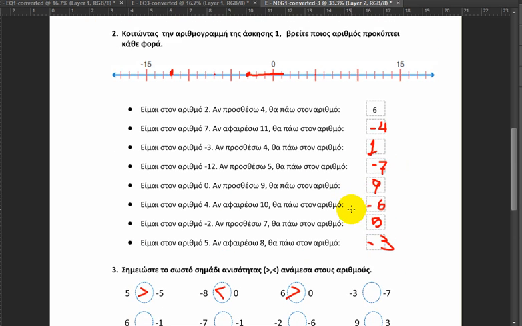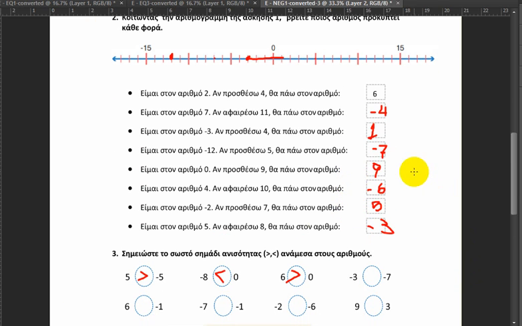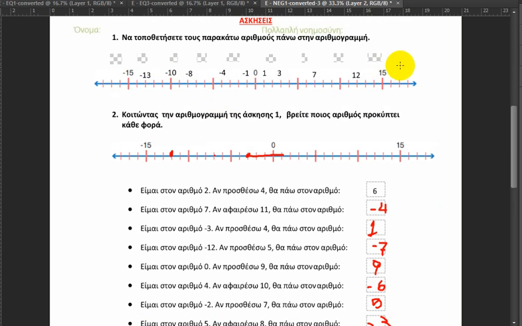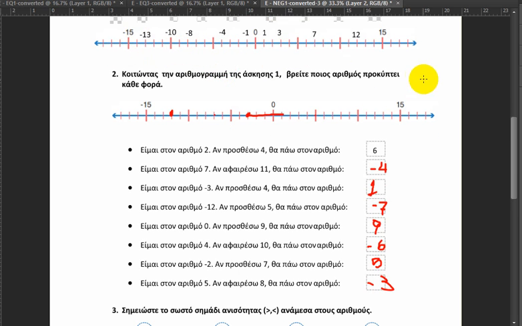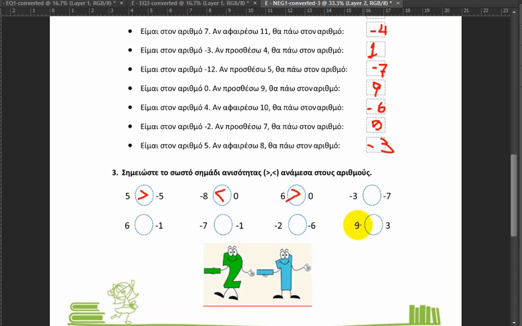So again, I remind you, you need to think either you're thinking about this as the ladder that I showed you, right? Or you're thinking about this and you're trying to figure out which one is higher on the ladder. Or if you're thinking about it in terms of the number line, you need to think of the bigger number is the one that is further to the right. In this case, that would be minus 3.